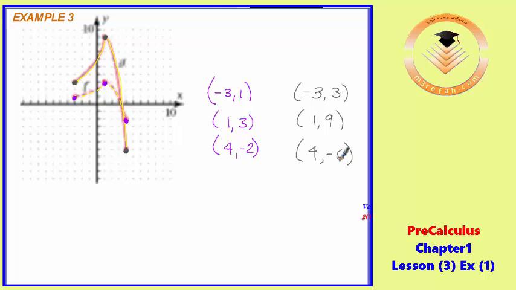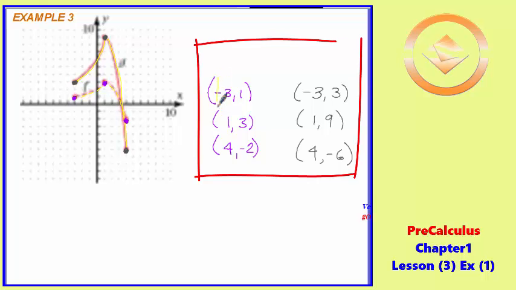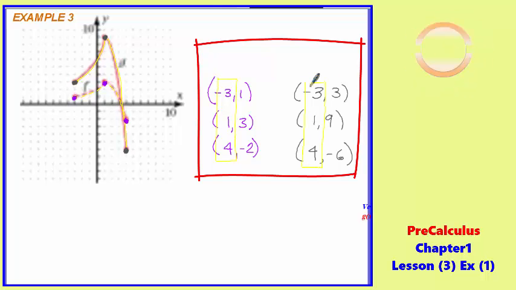Now let's investigate if there is any translation. You cannot see any movement along the x-axis. As you can see, these x coordinates are still the same, right?